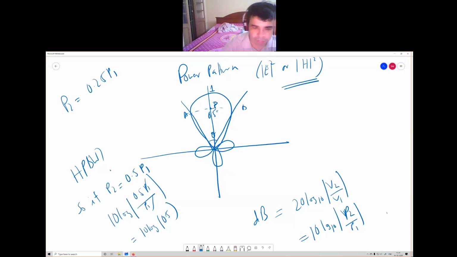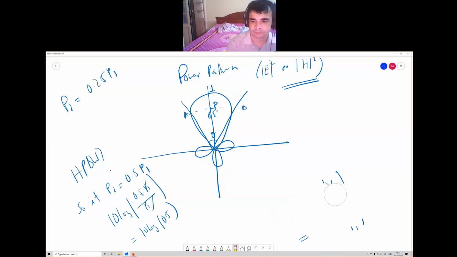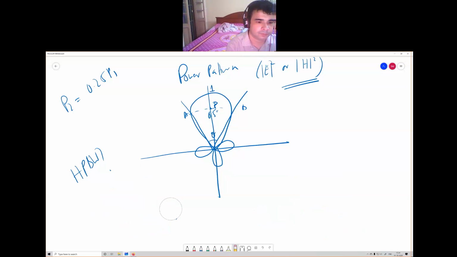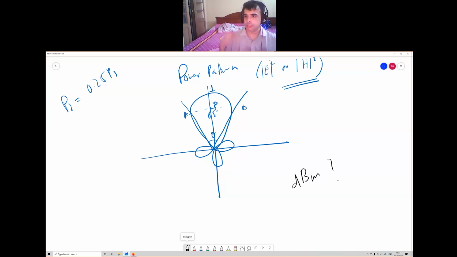Just one more point before we stop dB here. Do you know what is dBm? Unlike dB, which measures the ratio, dBm measures the absolute value, and we usually measure the absolute value of power.